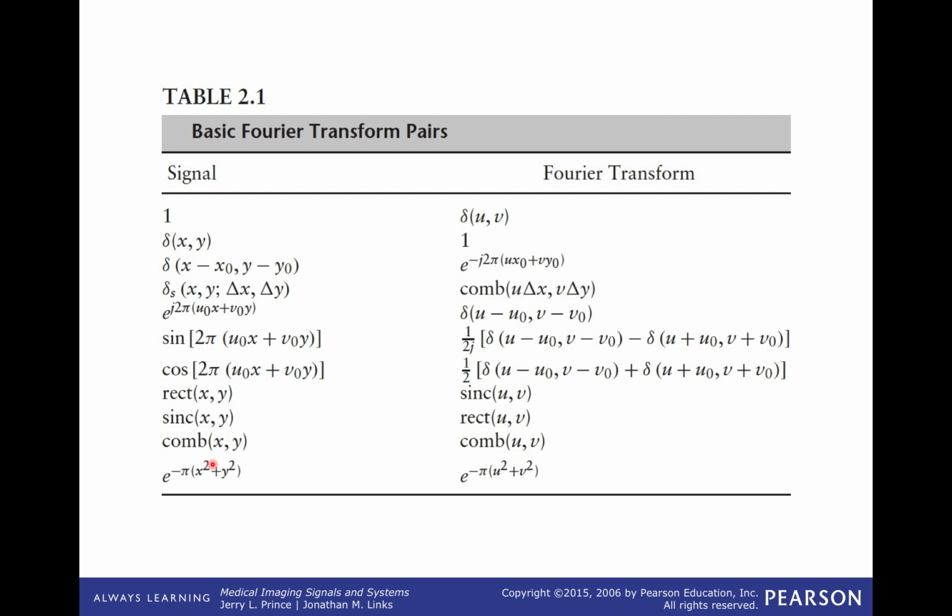And then this one shows that a Gaussian function, like a Gaussian blob, when you take its Fourier transform, it turns into a Gaussian in the Fourier domain. So the Fourier transform of a Gaussian is a Gaussian. If one Gaussian gets wider, let's say in the spatial domain our Gaussian gets very broad, then its transform in the Fourier space becomes more narrow. It tightens up. Okay.